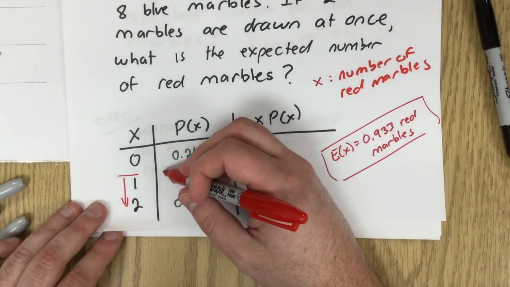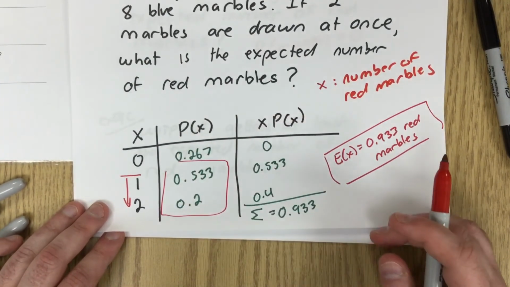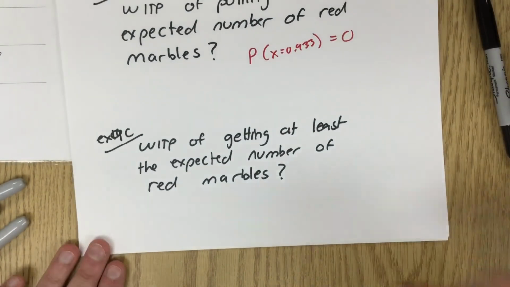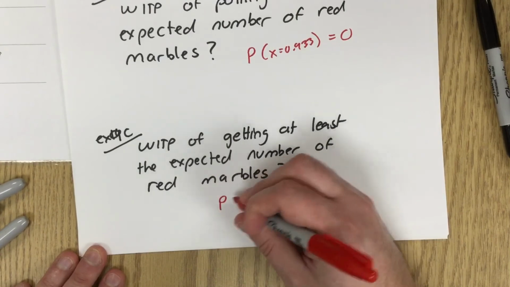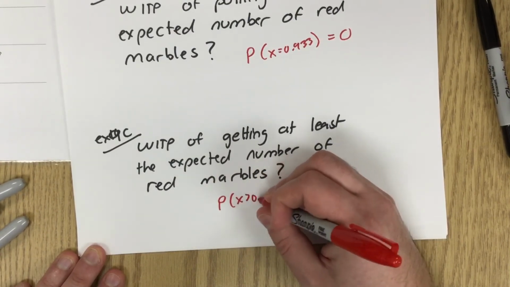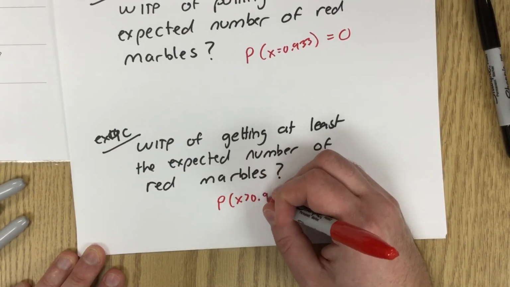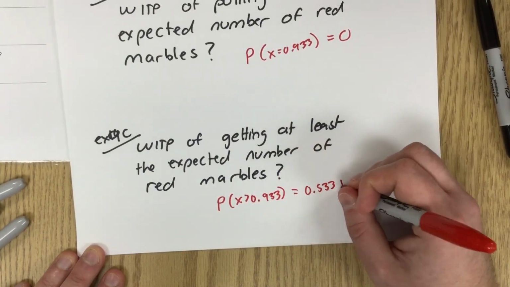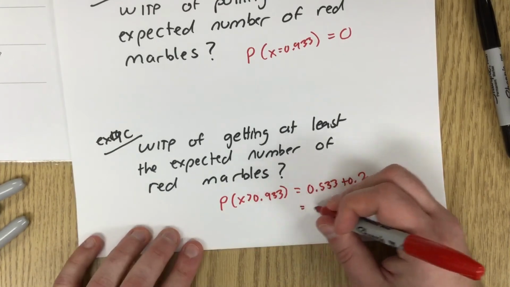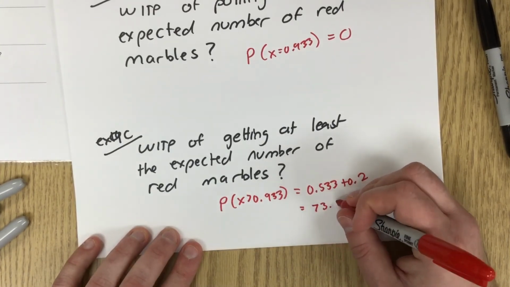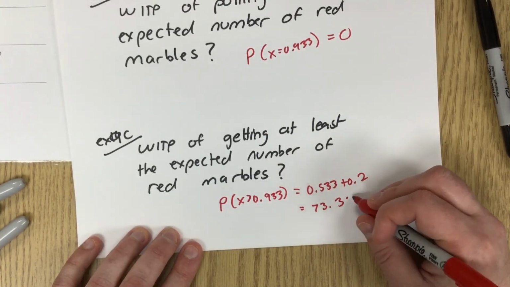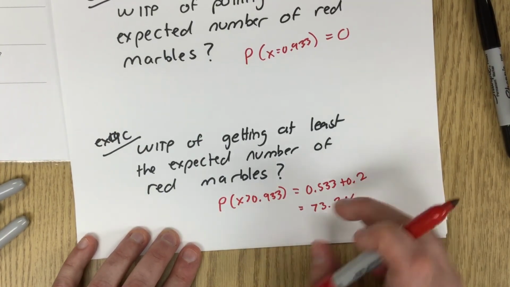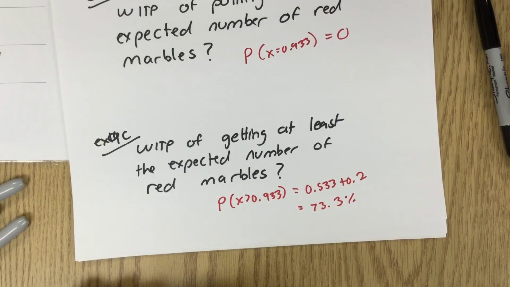And so the probabilities are going to be those two over there. So it's going to be 0.533 plus 0.2. So the probability that x is greater than or equal to 0.933 is 0.533 plus 0.2, which is 73.3%. So there's a 73.3% probability of getting at least 0.933 red marbles.